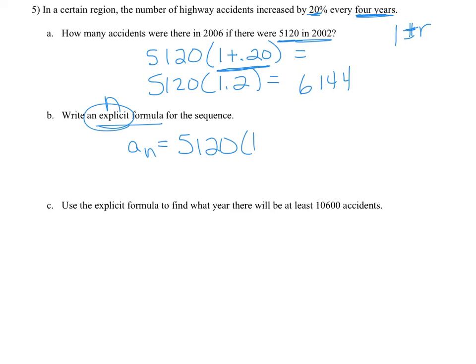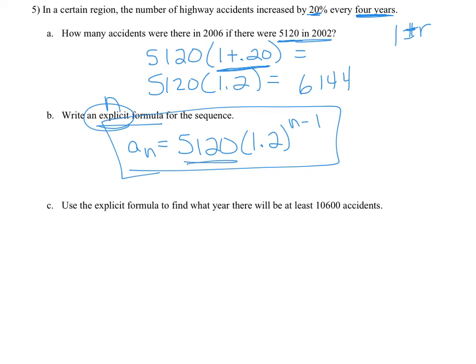And we multiply that by 1 plus the percent increase, or minus the percent decrease, however you do it. And then to the n minus 1 power. So this is your explicit formula. This is the first term, this is A1. 1.2 is your common ratio. But to find it, you had to do 1 plus 0.2. So that's important that you realize that when you're doing these problems.